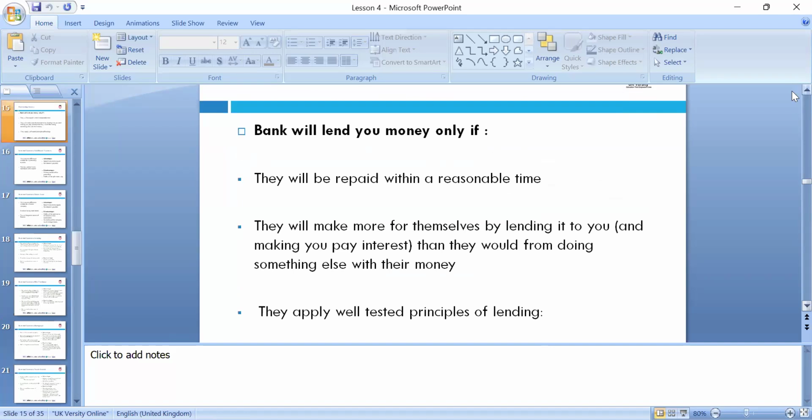A bank will lend you money if you will repay it within a reasonable time, and they will make more for themselves by lending it to you and making you pay interest than they would from doing something else. So we have to look at the tested principles for funding purposes as well.